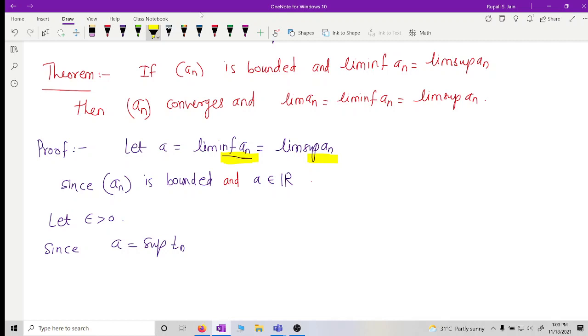Liminf of a_n is nothing but A. So since A is equal to supremum of t_n, what can I write? A minus epsilon is not an upper bound for t_n.